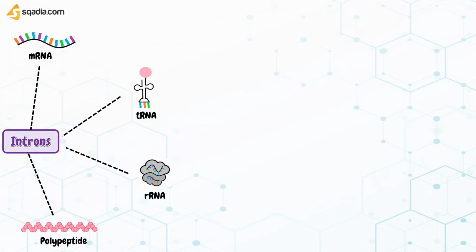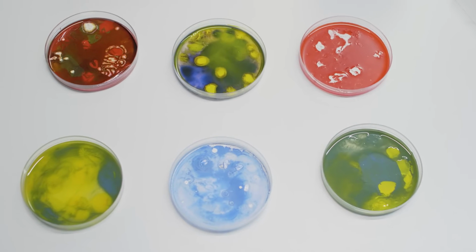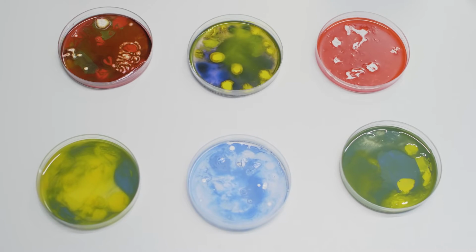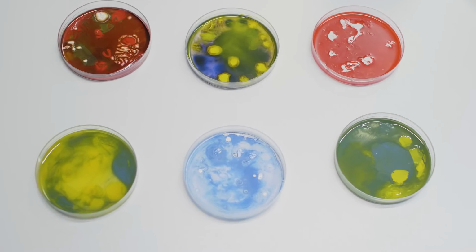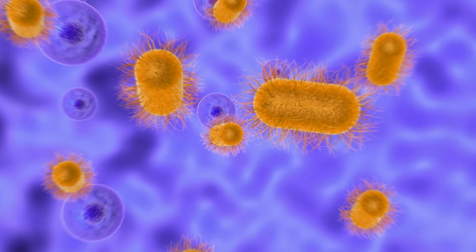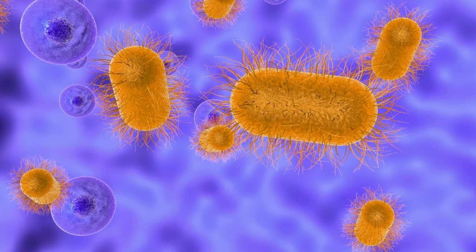Introns also are found in mitochondrial genes of plants, fungi, protists, and one metazoan, as well as in chloroplast genes. Genes with introns have been found in every class of eukaryotes, archaea, bacteria, and bacteriophages, although they are extremely rare in prokaryotic genomes.